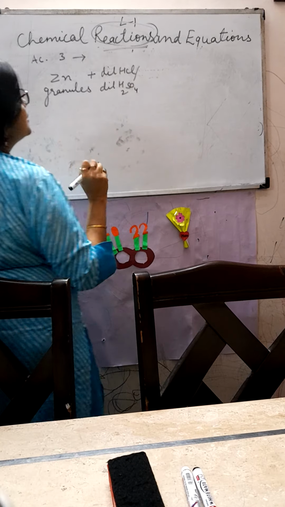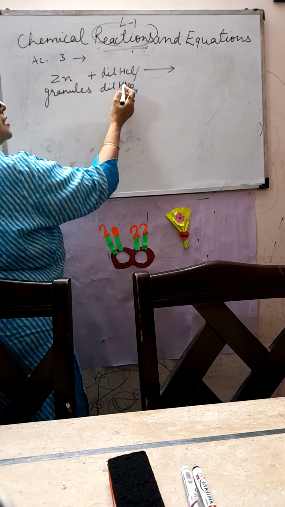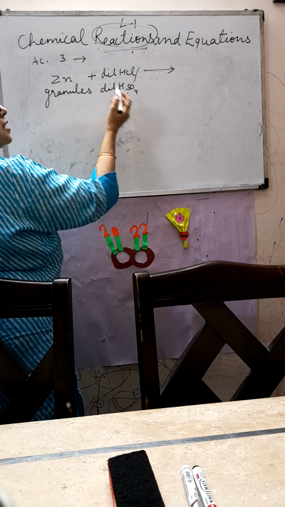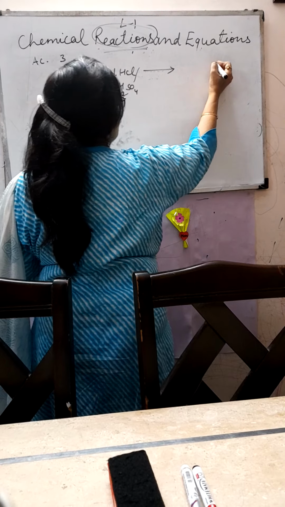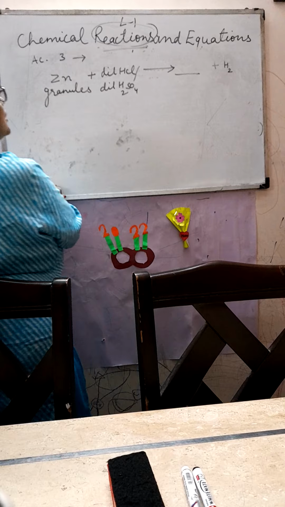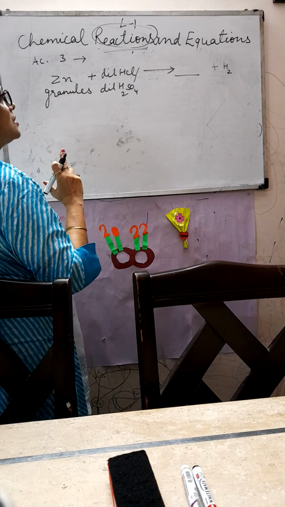Handle acid with care. Now what will happen? Zinc will combine with this and what will form? What do you think which gas will be formed? Hydrogen. Hydrogen gas will be formed. Plus the product here we will study later on when we will do the equations and all.